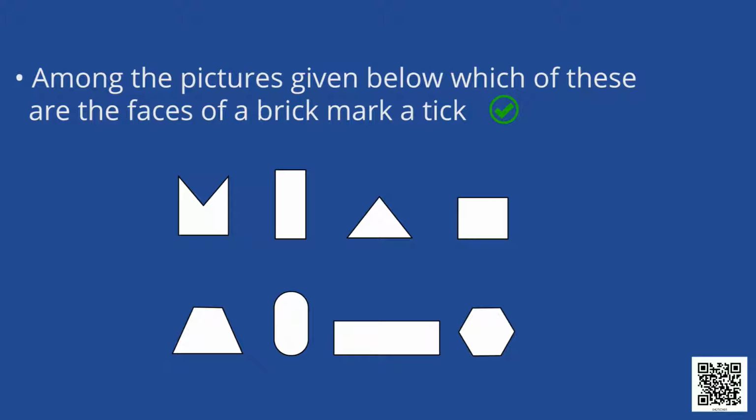Find out which image is near to the face of a brick. Yes, very good. Put the correct sign in front of the correct image. So, we can see that out of the given 6 images, 3 images represent the faces of a brick.